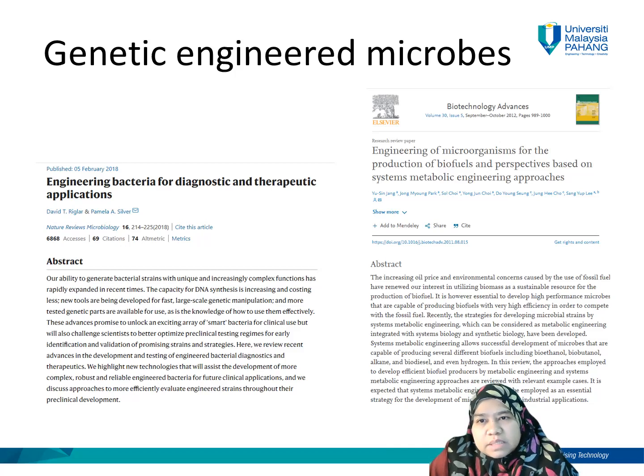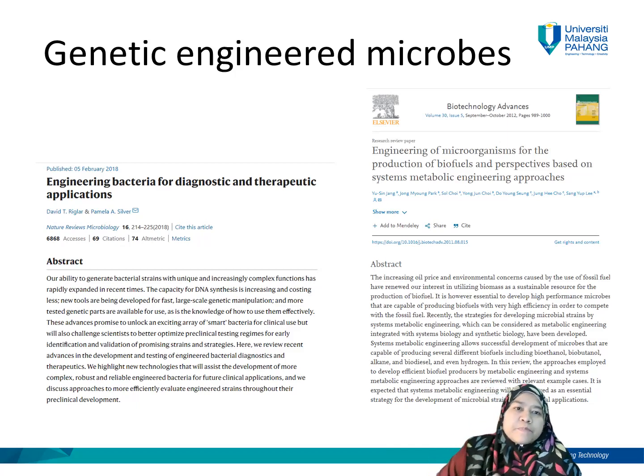For example, here are microbes, using engineered bacteria for fast, large-scale genetic manipulation based on the genetic parts that you can use, whether you want to overexpress or suppress the expression of proteins, so that you can have the full function of the bacteria and fully value-added products later after the research process.